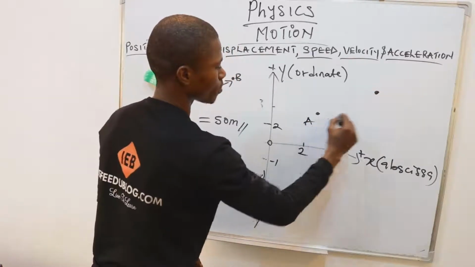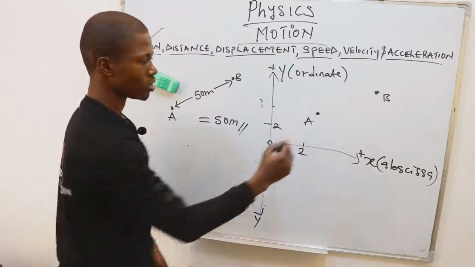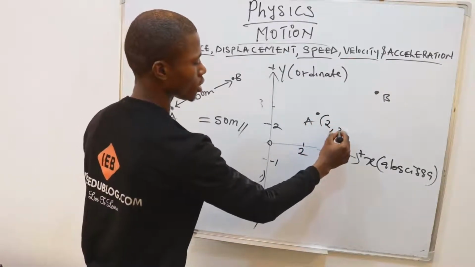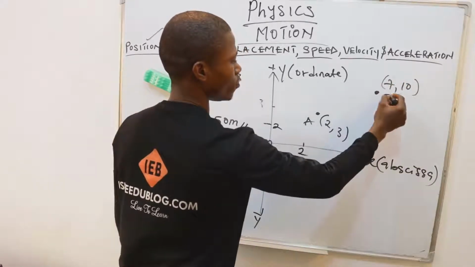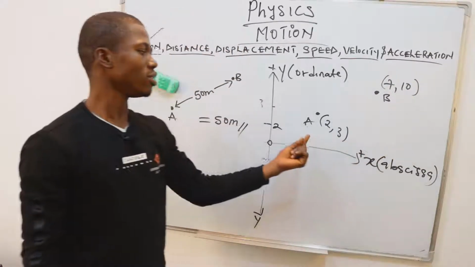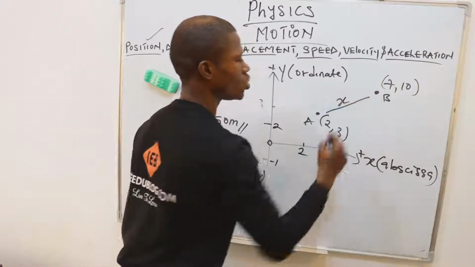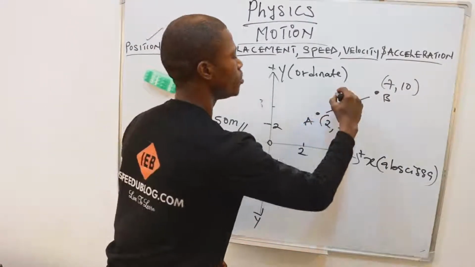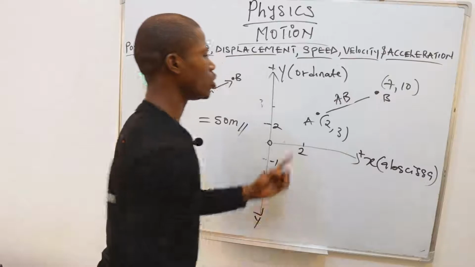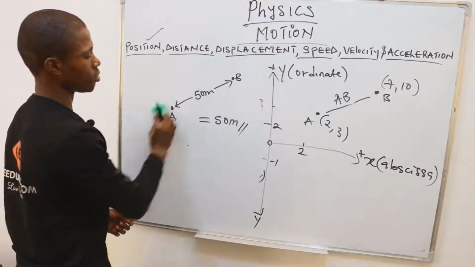This is point A, this is our point B. We don't know the distance, but we know our coordinates. Let's say here is 2, 3, and here is 7, 10. This is the coordinate of B, this is the coordinate of A, but we don't know the gap between them. We term it S, or maybe AB. All we got to do is what? Let's come over here and solve.